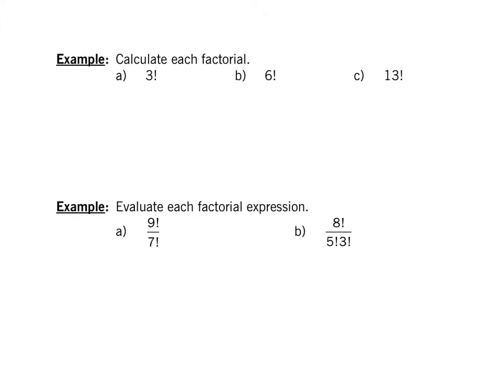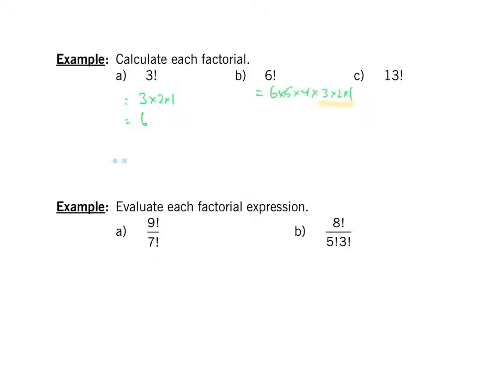Calculate each factorial. Okay, calculate each factorial. 3 factorial. So 3 factorial is fairly straightforward. It just means 3 times 2 times 1, which is 6. Pretty straightforward. 6 factorial. 6 times 5 times 4 times 3 times 2 times 1. So for example, we just did 3 factorial.